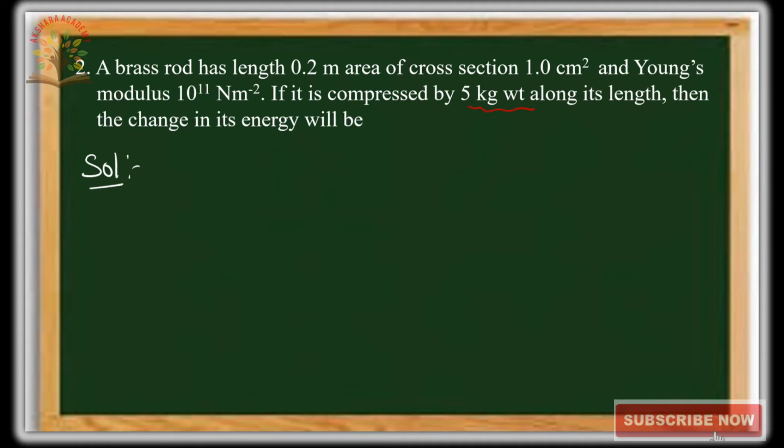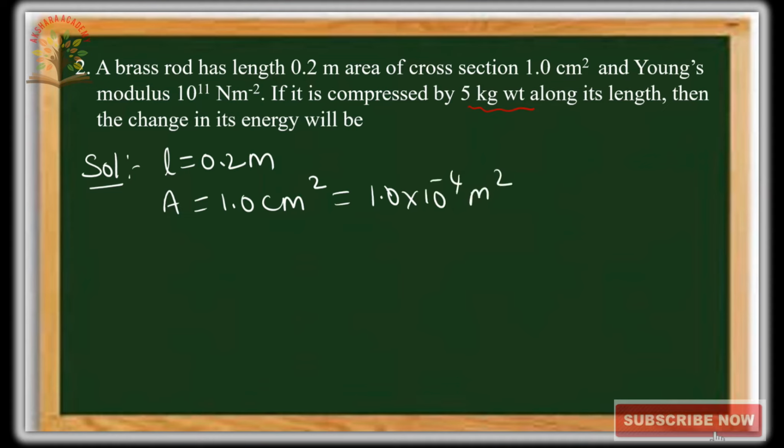So first we will write the solution. Let us go to the solution. Given L is equal to 0.2 meters and A is equal to 1.0 centimeter square, converting into meters 1.0 into 10 to the power of minus 4 meter square, and Y is equal to 10 to the power of 11 Newton per meter square, and mass is equal to 5 kilogram weight.